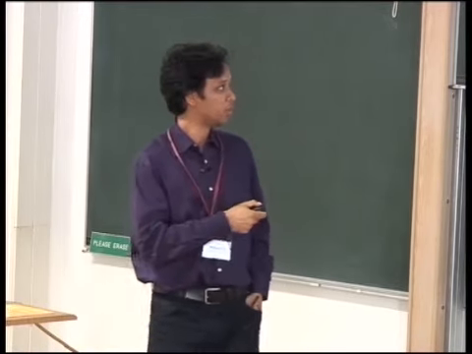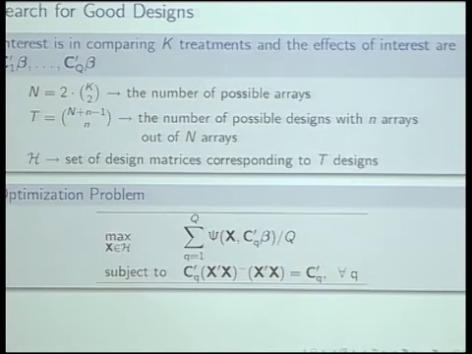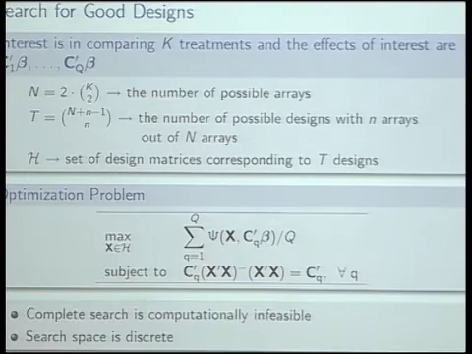So this is a constrained optimization problem, and it is not easy to optimize. I tried a complete search, it didn't work, and the search space is discrete, so I cannot use methods like Newton Raphson and other things.